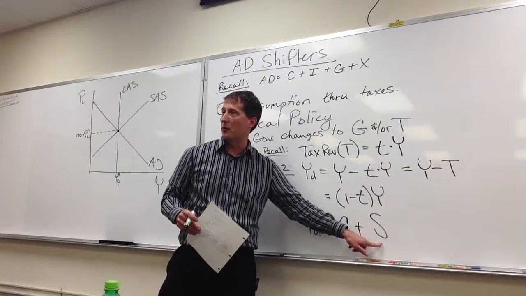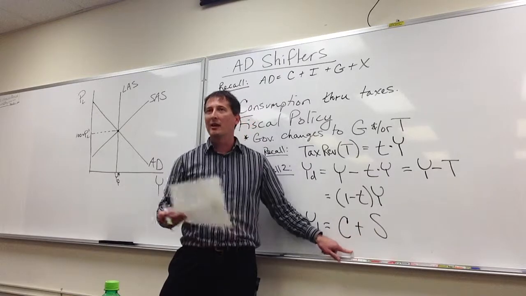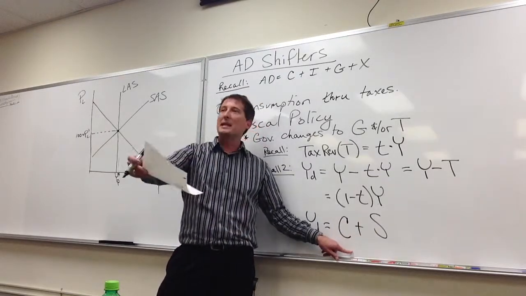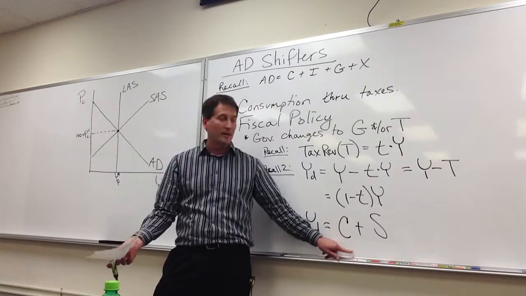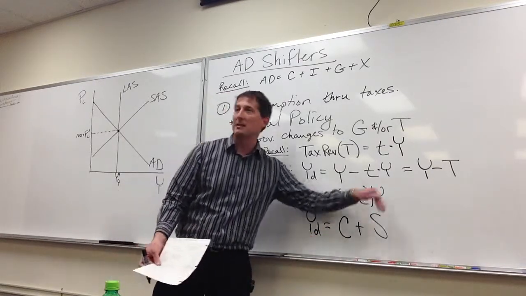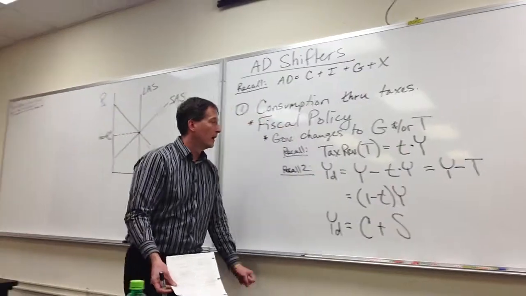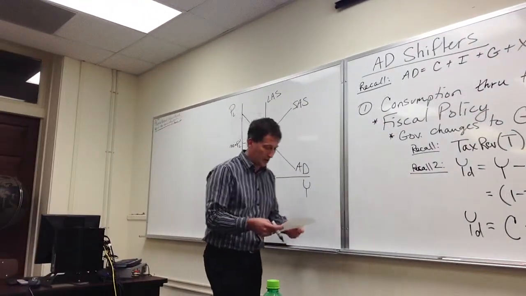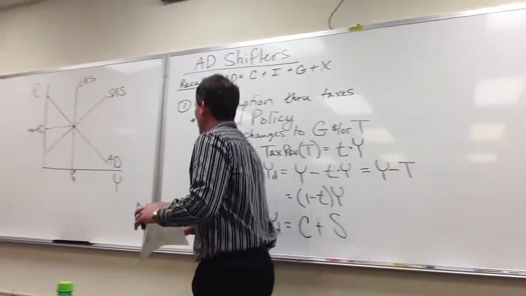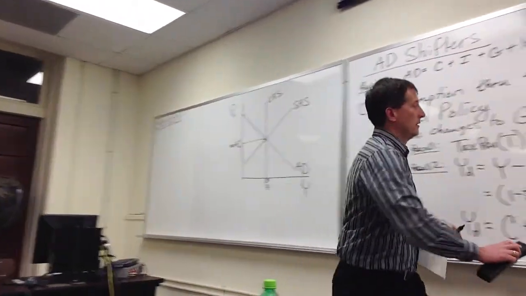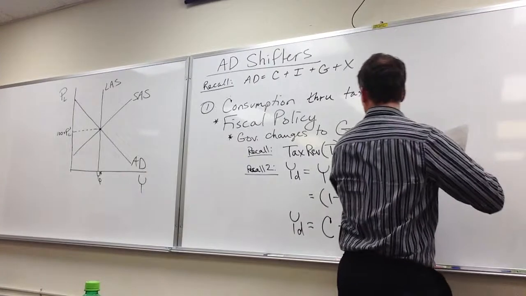I'm going to reduce them both if I'm doing some fraction. If I tend to spend 90% of my money and save 10% of my money, if I have less money, I'm going to do less of both, right? So that's our shifter. So let me write that out. I'm kind of running out of board there, so I guess I can go right here.